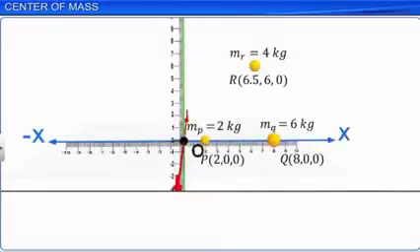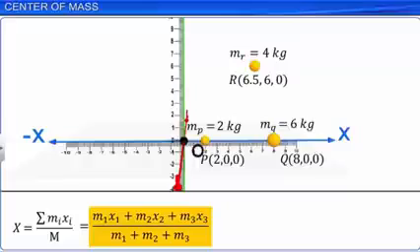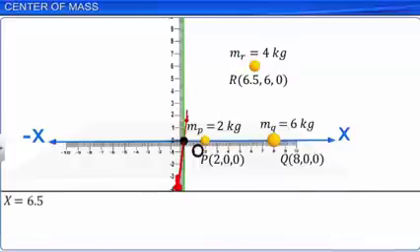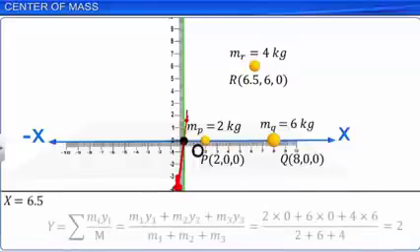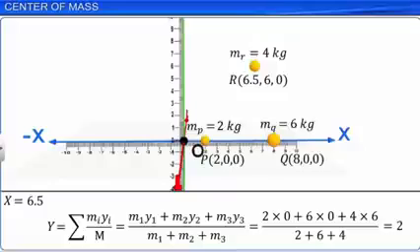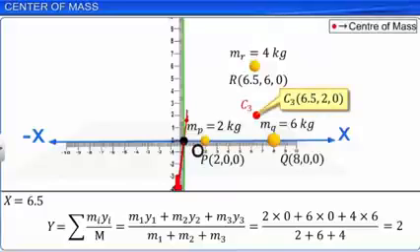On simplification as shown, we get x is equal to 6.5 and y is equal to 2. The position of the center of mass is C3 (6.5, 2, 0).